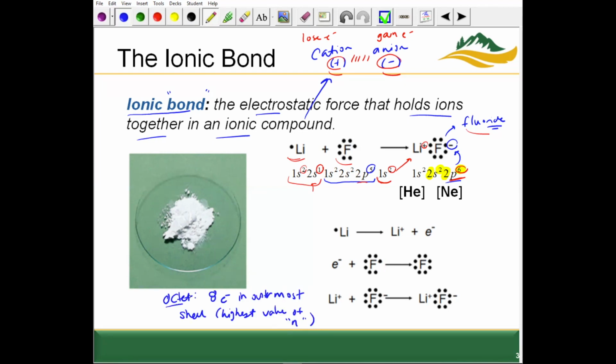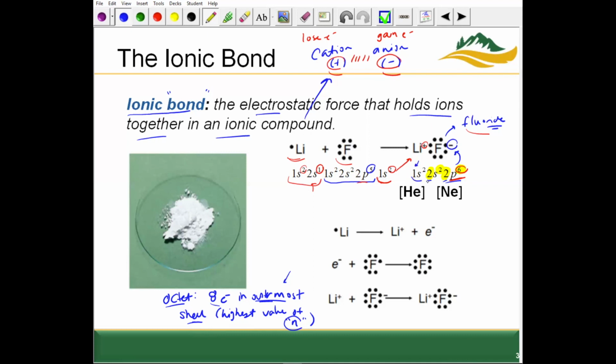So again, for an octet, there's 8 electrons in the outermost shell, where we define shell as the value for n. So the outermost shell is going to be the highest value for n we see within an atom's electron configuration. The octet describes the outermost shell, so we no longer look at the lower value n equal to 1.